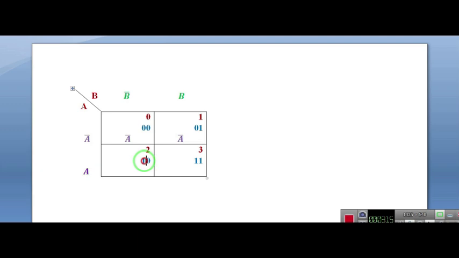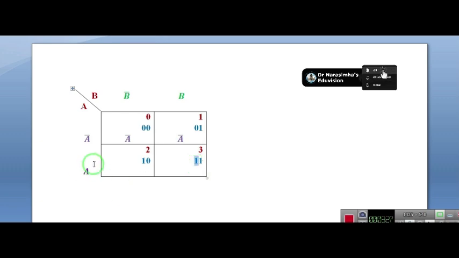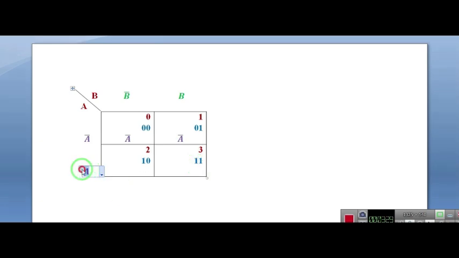Similarly, in row number 2, cell number 3 and cell number 4 have the same binary symbol 1. So 1 is used to represent the variable A. That's why A is common, because both the cells have the same symbol. So write A, and here also A.